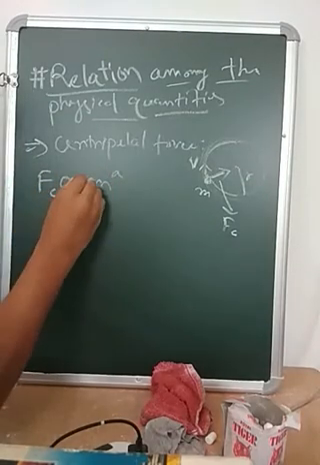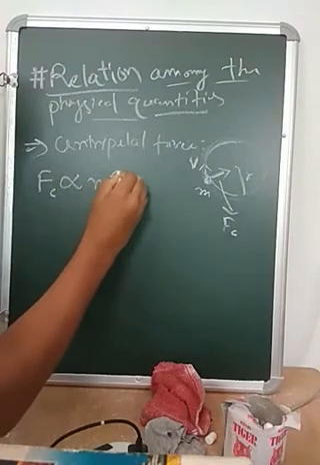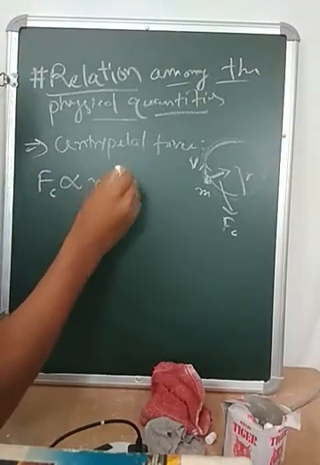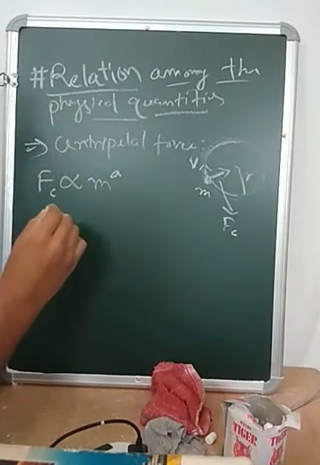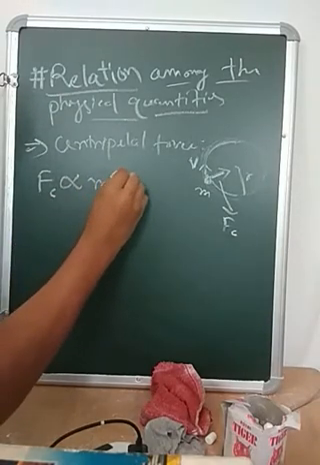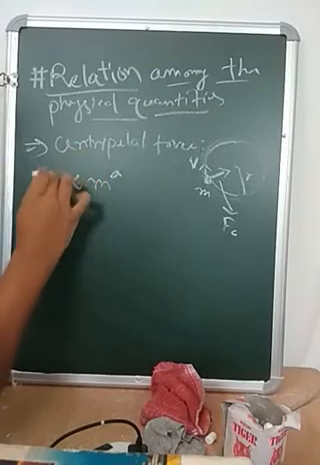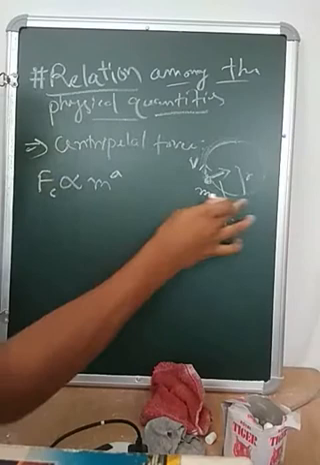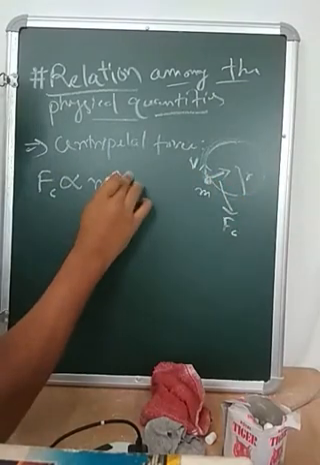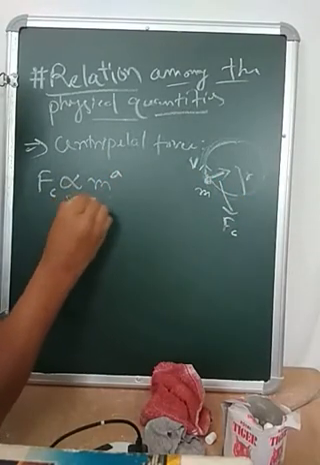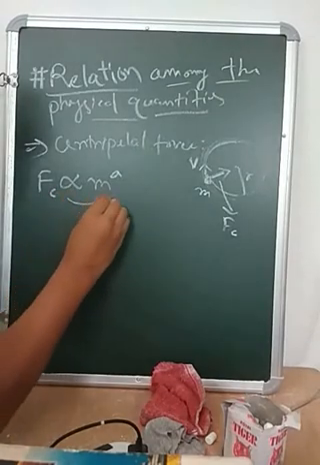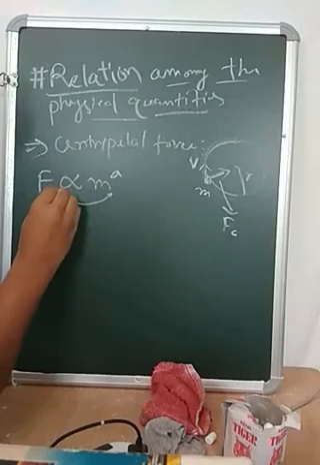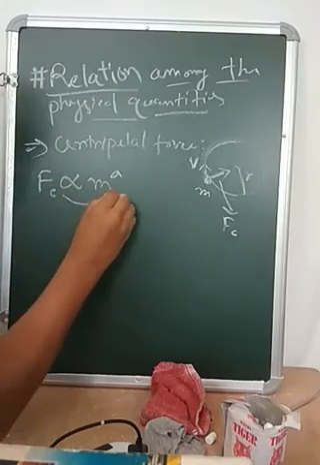We write it down as m to the power a. We have to find the a. It is the dependency of Fc on m. By knowing a, we can understand how centripetal force depends on mass.